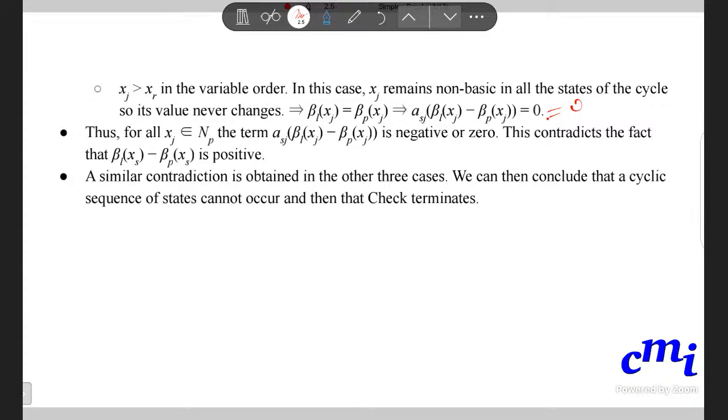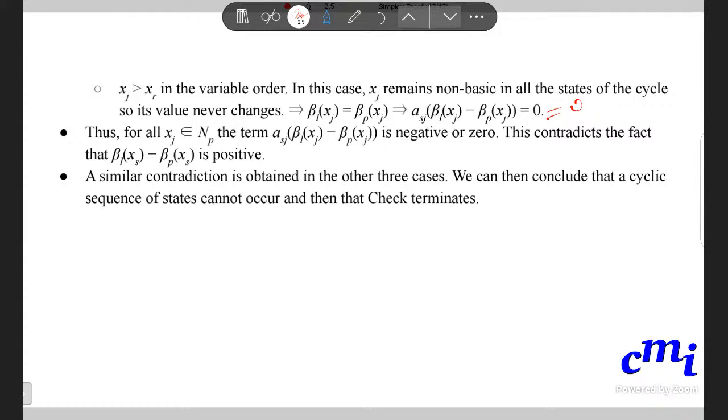Intuitively, what does this mean? It is possible during the procedure for the same basic set to be produced.